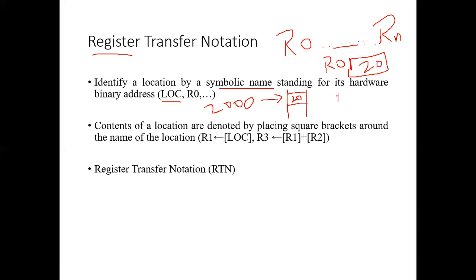If R0 contains 4000, then that 4000 is not a memory location, it is a value. But LOC is a symbolic name which will refer to some memory location. As per our textbook, all registers are named from R0 to Rn.